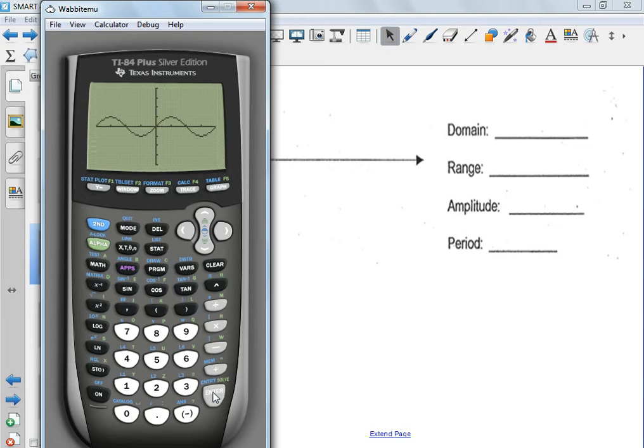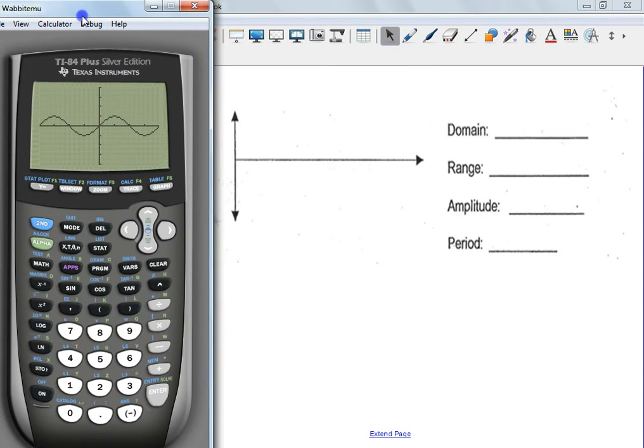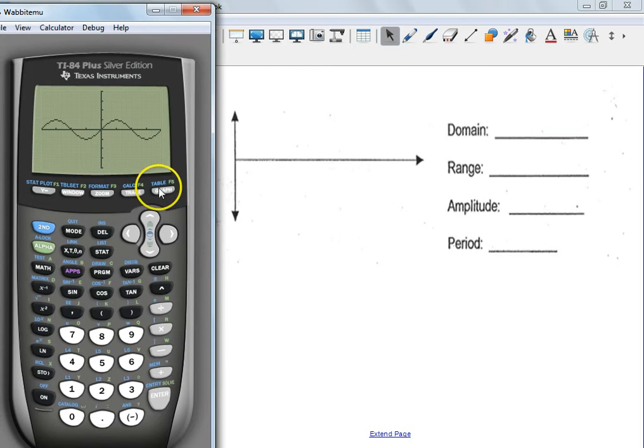I got it. 5 over 2. Okay. Now, if you hit the trace button and you scroll to the right, can you try to get your trace to get as close as possible to where mine is?